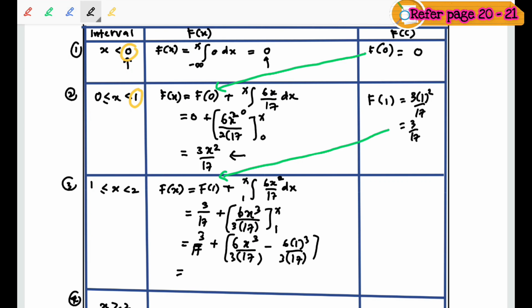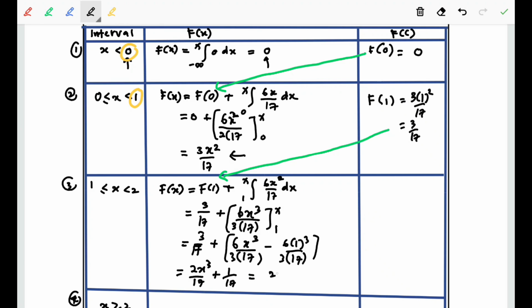Right, so at the end, after you simplify, you will get 2x cubed over 17 plus 1 over 17. Or you can rewrite it in a single fraction, which is 2x cubed plus 1 over 17.